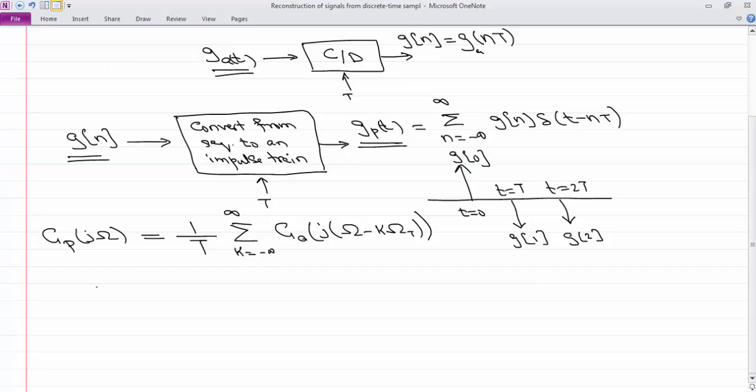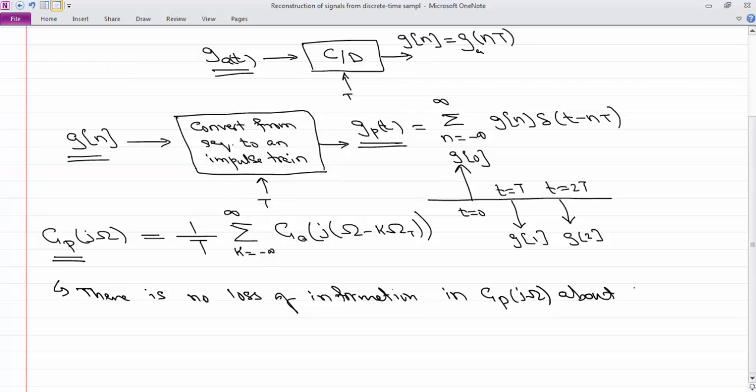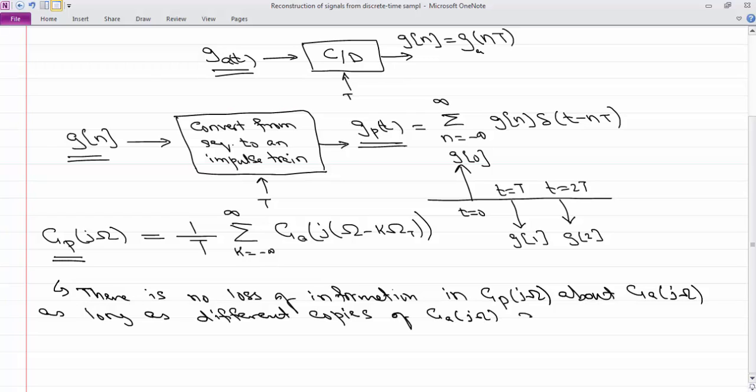In reconstruction, our goal is this: we already know that G_p(j omega) contains all the information about the original signal, with no loss of information about G_a(j omega), as long as different copies of G_a(j omega) don't overlap with each other.